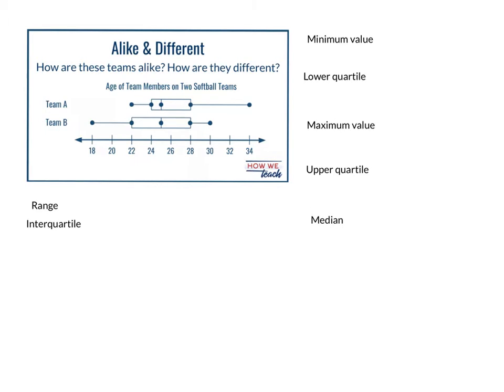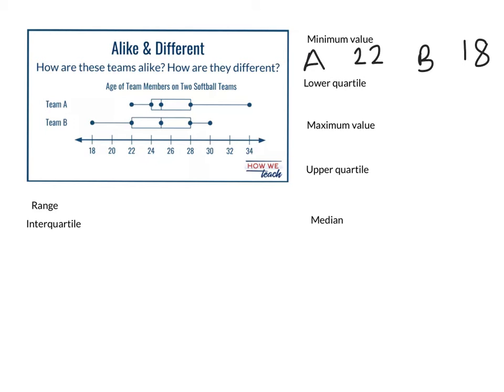Let's first look at the minimum value. In Team A, the minimum value is 22. In B, the minimum value is going to be 18.